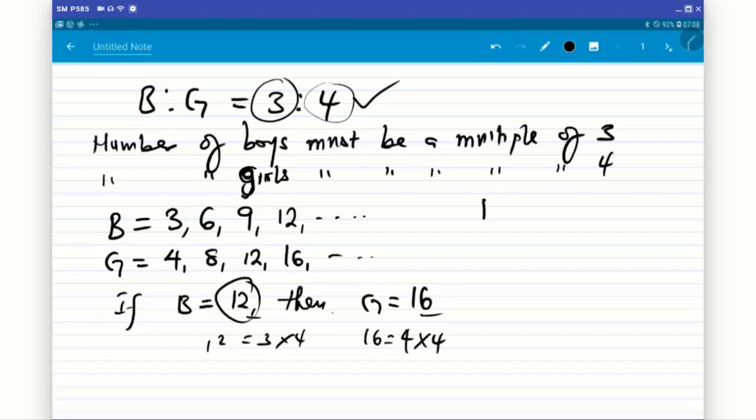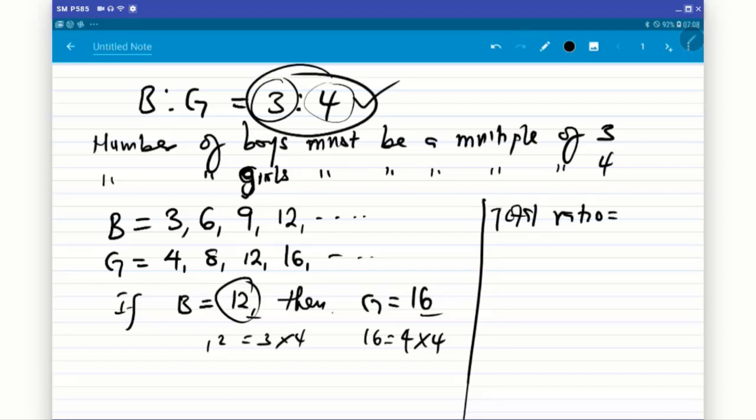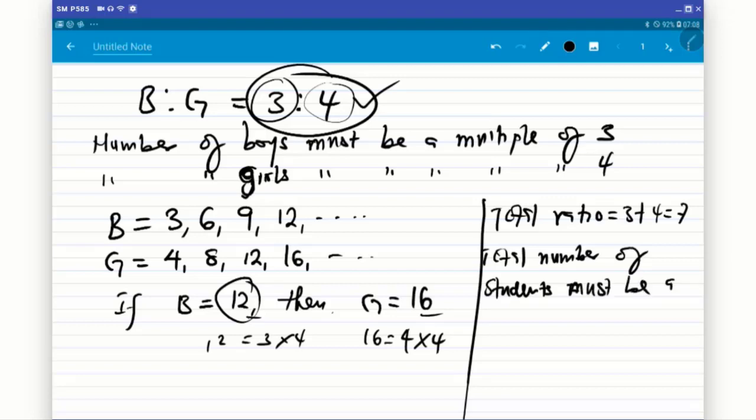Yes. Then the total ratio, which we'll still look at later, is the sum of their ratios, 3 plus 4, which will give us 7. So it means the total number of students in the class must also be a multiple of 7.